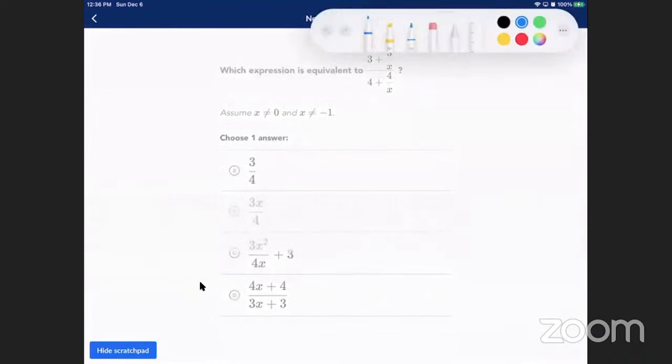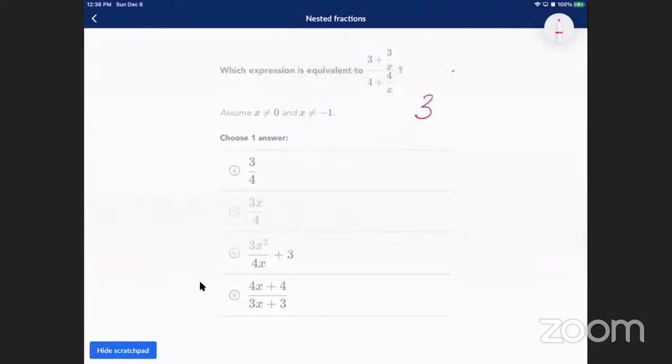All right. So we have here 3 plus 3 over x. And we have the same one before, right? So 4x.